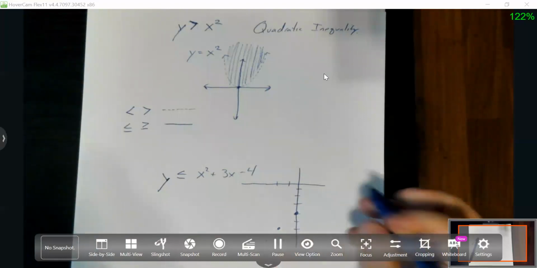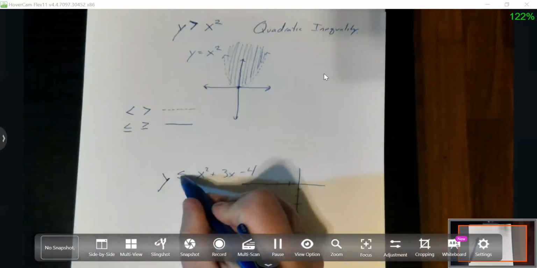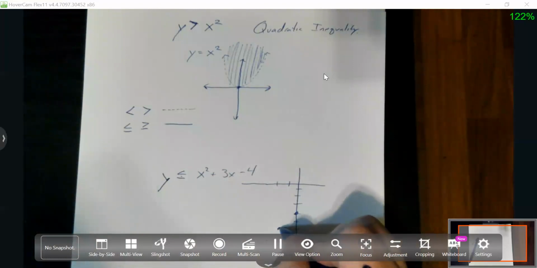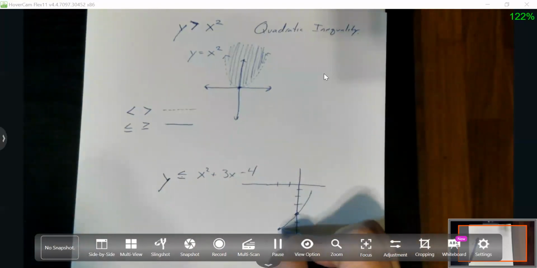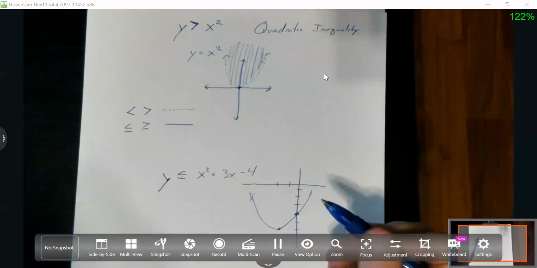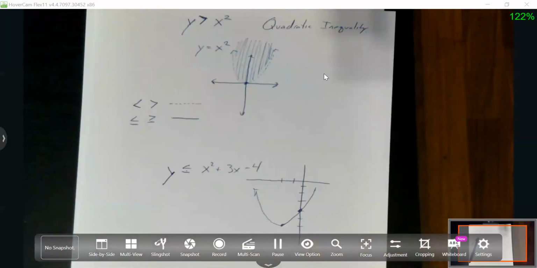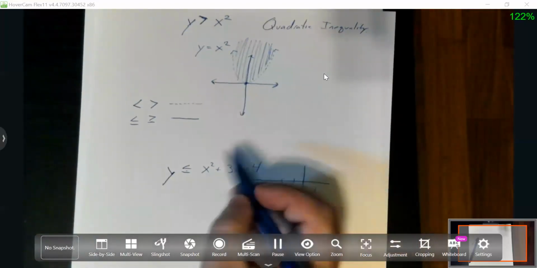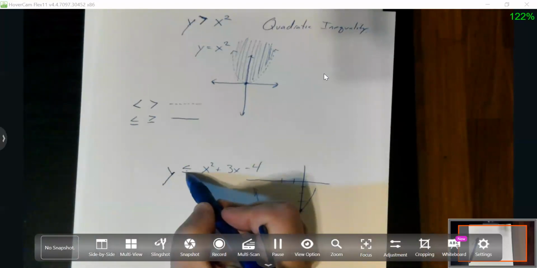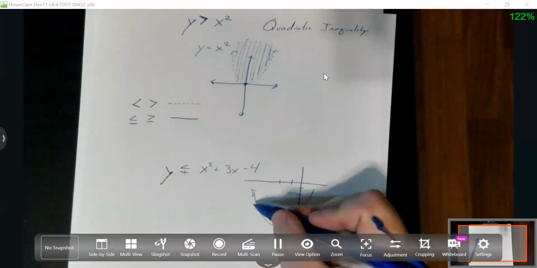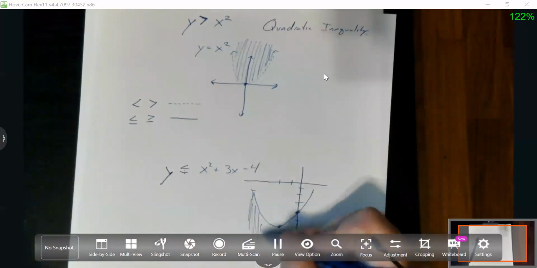So my vertex is about right there. It's less than or equal to, so it'd be a solid line coming through. We'd have something that looks something like that. Solid line because it's less than or equal to. Because it is less than or equal to, my answer is below that region.